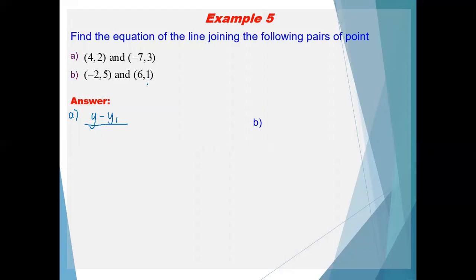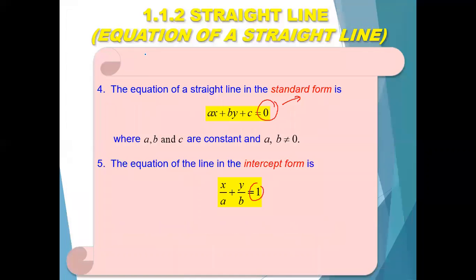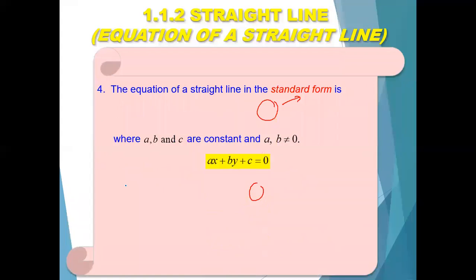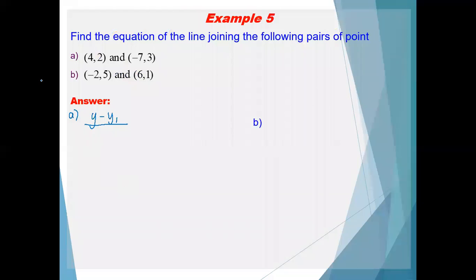So yang kita boleh pakai sama ada standard form and also gradient form. So ingat gradient form macam mana? This is the gradient form. Kita boleh pakai gradient form sebab kita boleh cari gradient because we are given 2 points and we have a point. So okay, we use the gradient form.